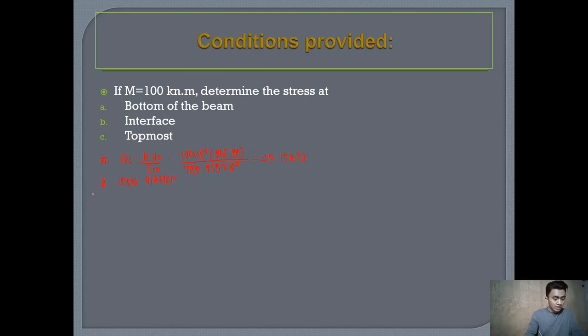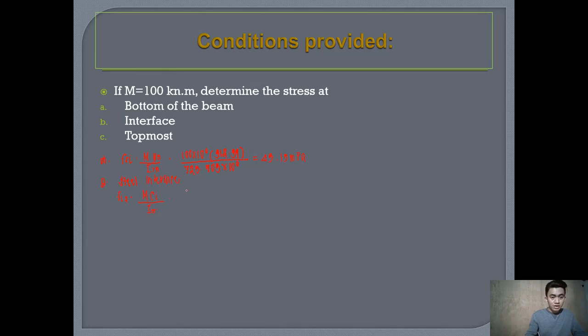Let us denote the steel interface as Fi sub S, wherein we can compute this one as the moment, which is 100 kilonewton meter, multiply this one by Ci, wherein what is Ci again? That is the distance of the interface of the transformed steel section, or our I beam, to the neutral axis, divided by the transformed moment of inertia.